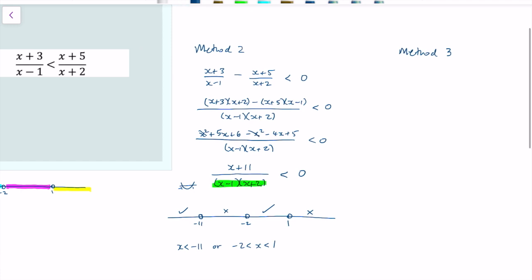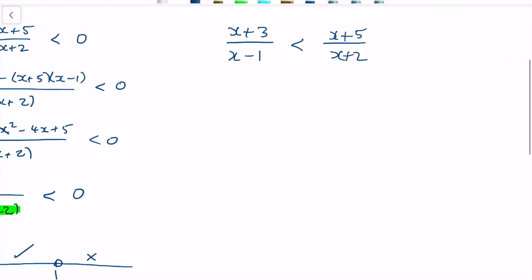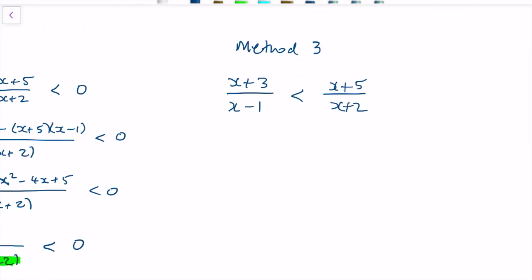So how about when we have these fractions here, we multiply both sides of the equation by a positive quantity. So if we multiply through by x plus 2 all squared and also by x minus 1 all squared, what I'm doing is timesing by a perfect square on both sides, so the sign won't change.